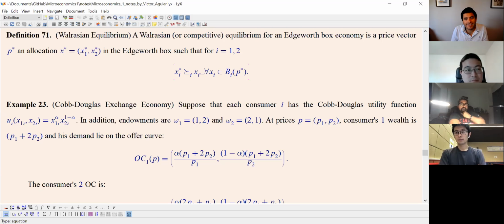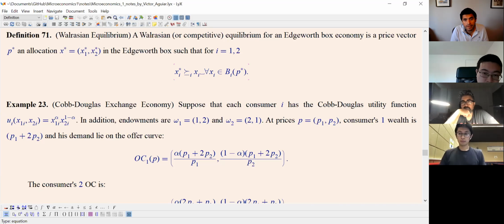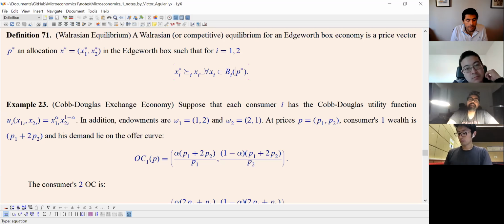So be warned about uniqueness and existence. Usually, if you don't have existence, a typical question could be, show that there is no equilibrium, right? So that's fine, and then you're done. But most complex questions are, there are many equilibria, so characterize all of them, right? So yeah, we're going to learn some stuff about that. But these models are very tricky.